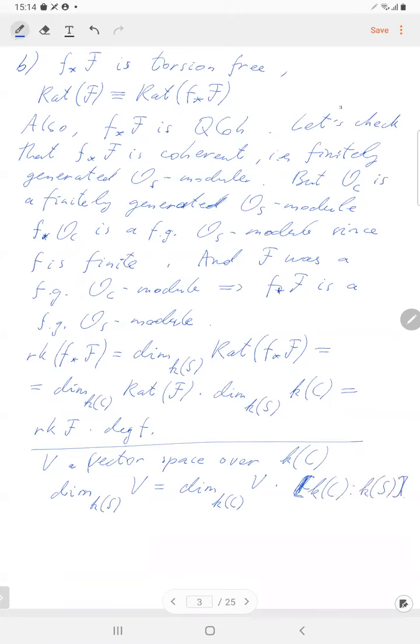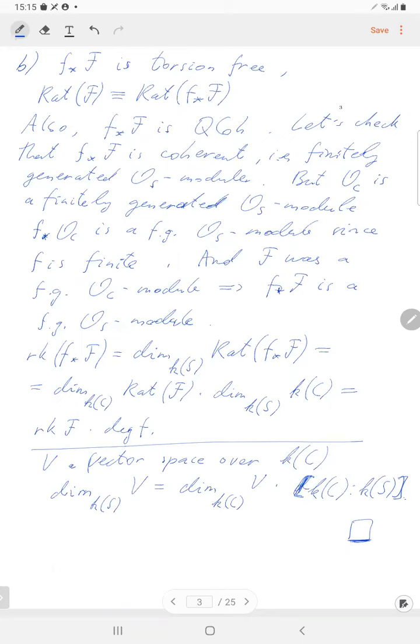So there we are. We proved this lemma. Once again, this lemma was about push forwards of locally free sheaves under surjective morphisms of projective curves.